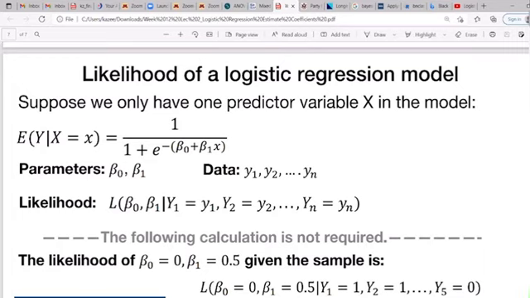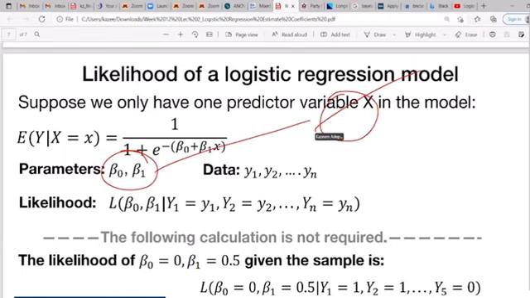The essence of doing that is how parameters are estimated. In logistic regression, I told you we have to use the maximum likelihood. But let me tell you, our theta here is going to be beta naught and beta 1. We're now looking for the values of beta naught and beta 1 that will maximize the likelihood.